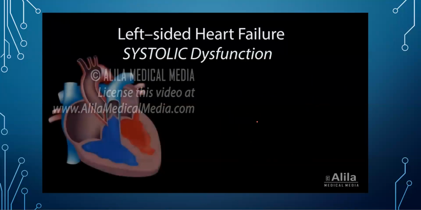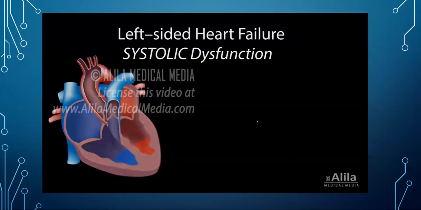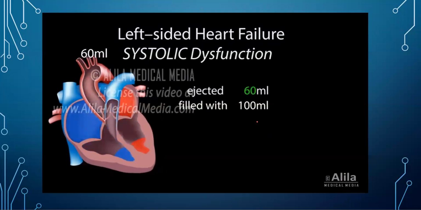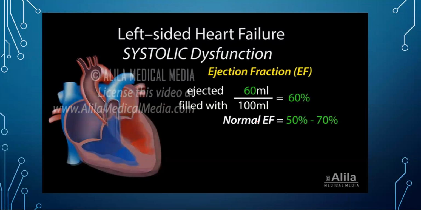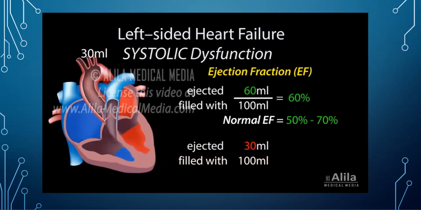The effectiveness of ventricular contraction is measured by the ejection fraction. Typically, the left ventricle is filled with about 100 milliliters of blood, but only 60 milliliters is ejected during contraction. This corresponds to an ejection fraction of 60%. The normal range of the ejection fraction is between 50 and 70%. When ventricular contraction is impaired, the volume of ejected blood is reduced, and so is the value of the ejection fraction.